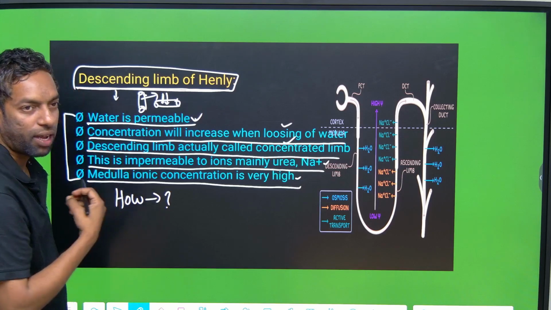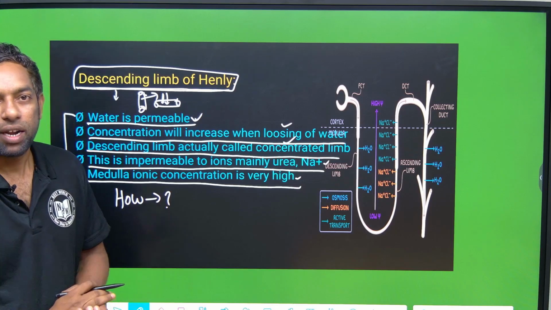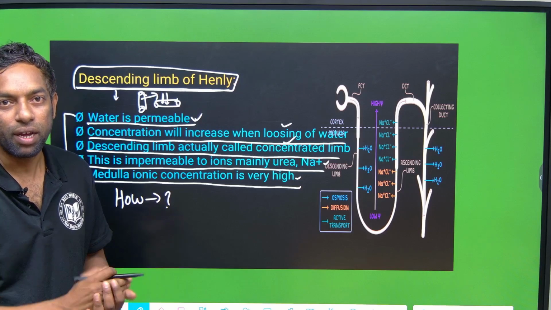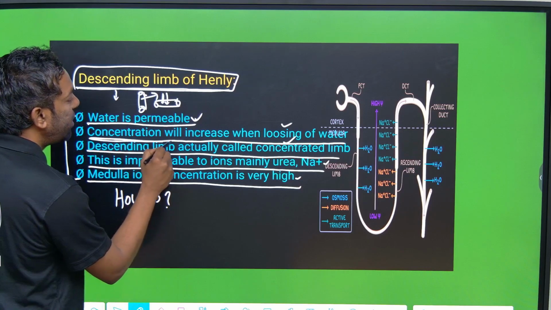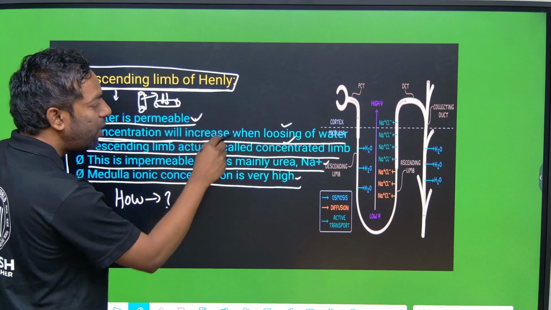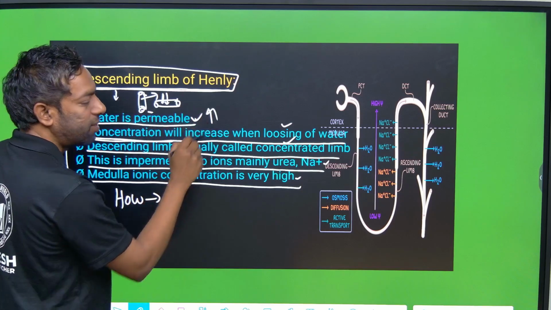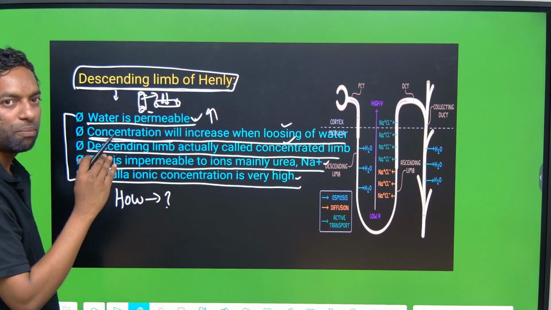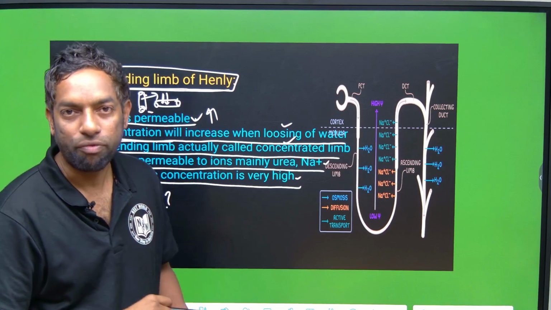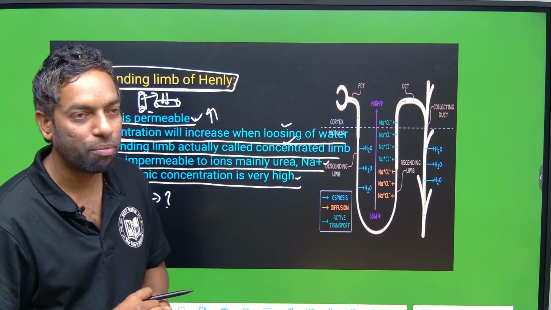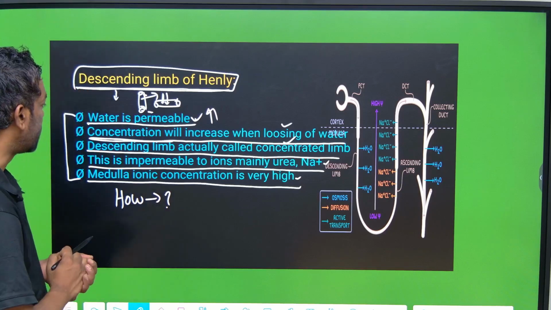What is the ionic concentration, and how does the medullary interstitial fluid take responsibility? Next, concentration increases when water is lost. If water is permeable, concentration increases, because permeability leads to loss of water, by diffusion or osmosis. We are going to discuss this.